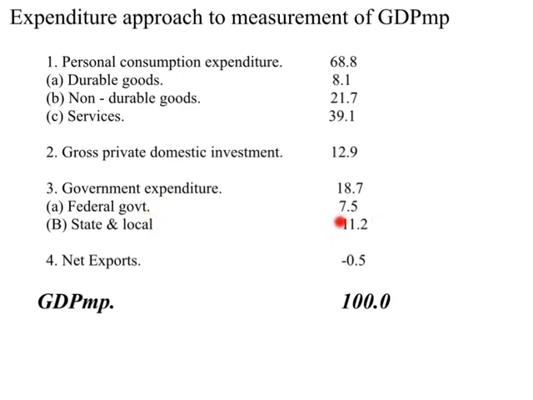It was about 11.2 as compared to federal government expenditures, which was 7.5. To this we add net exports. See, this number is negative 0.5. Negative means for the US, imports are greater than exports. So when you add C, I, G, and NX, what you get is GDPmp, expenditure approach to measurement of GDP.